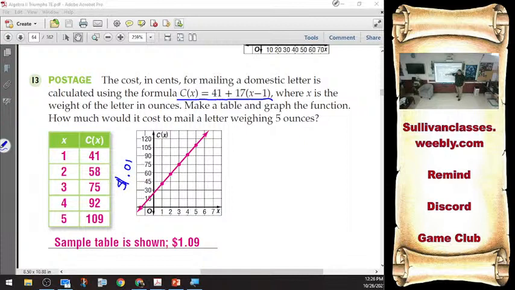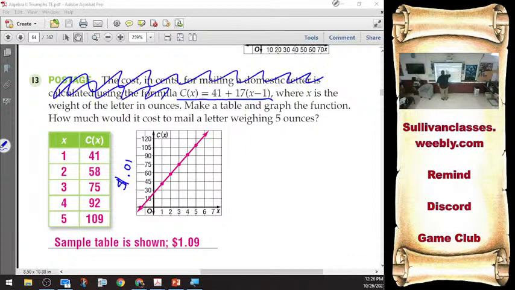So what does that mean if I have 120 cents? $1.20, right? 120 cents, 120 pennies. It's $1.20. Okay. So maybe I just get rid of all this. These are pennies. The cost is blah, where x is the weight in ounces.